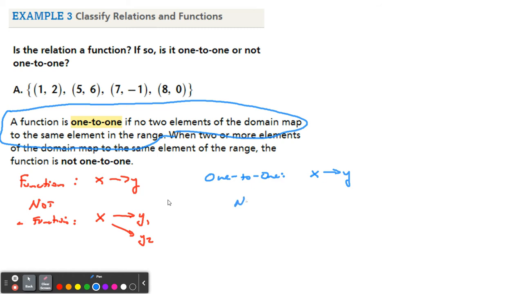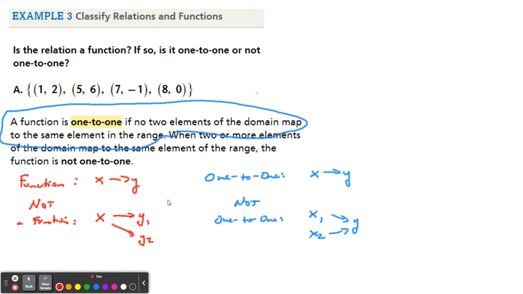It would be not one-to-one if you had 2 separate X's, like an X1 going to a Y and an X2 going to that same Y. It would be a function because each X is going to a Y, but it would not be one-to-one because this Y is not attached to just one X, it's attached to 2. Okay, so there's the idea.